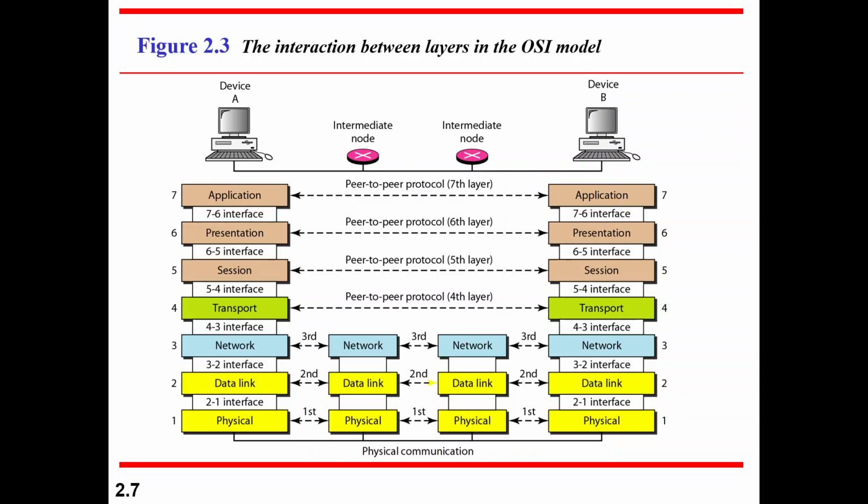Each layer in the sending device adds its own information to the message it receives from the layer just above it and passes the whole package to the layer just below it. At layer 1, the entire package is converted to a form that can be transmitted to the receiving device.